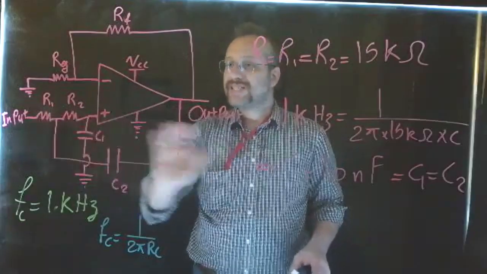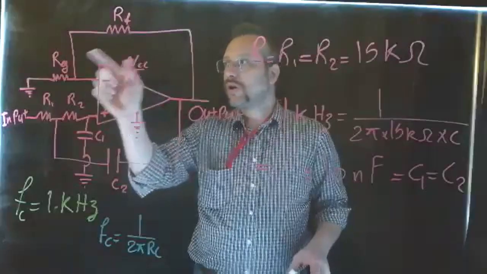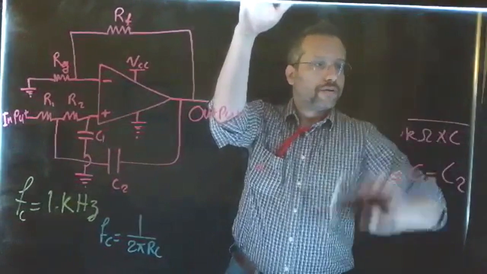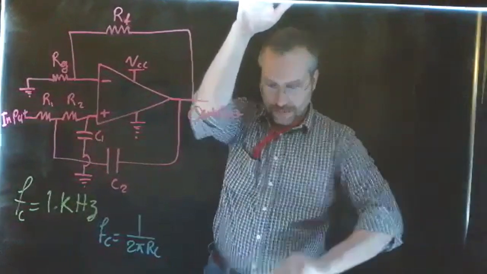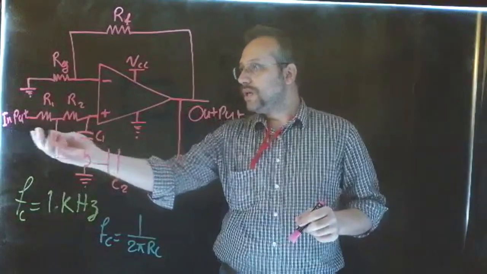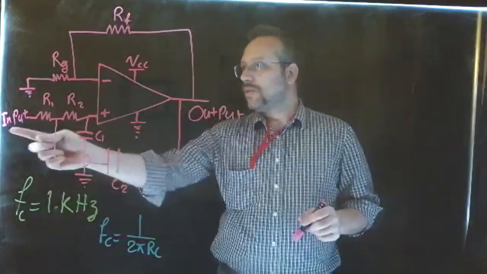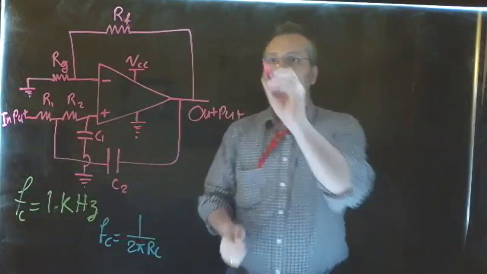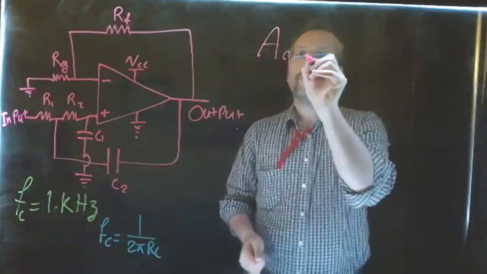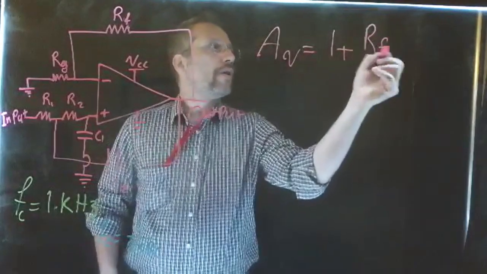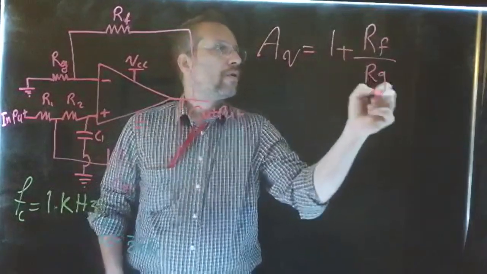And we can set that gain using the RF and RG. Now, we know that when we inject the input to the non-inverting terminal, the gain would be equal to 1 plus RF over RG.